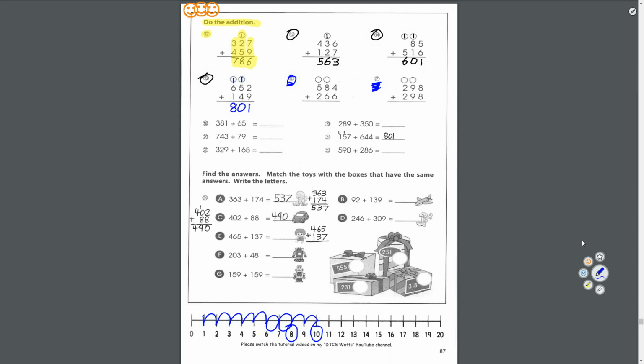4 plus 6. 4 plus 1, 2, 3, 4, 5, 6 equals 10. 0 goes here, carry the 1 above the tens. 1 plus 8 plus 6.